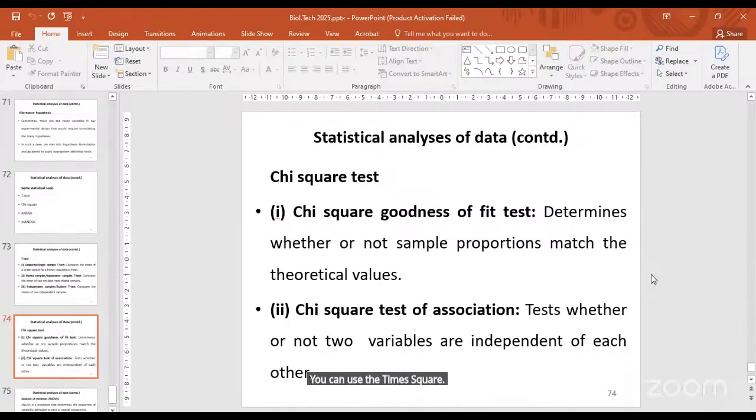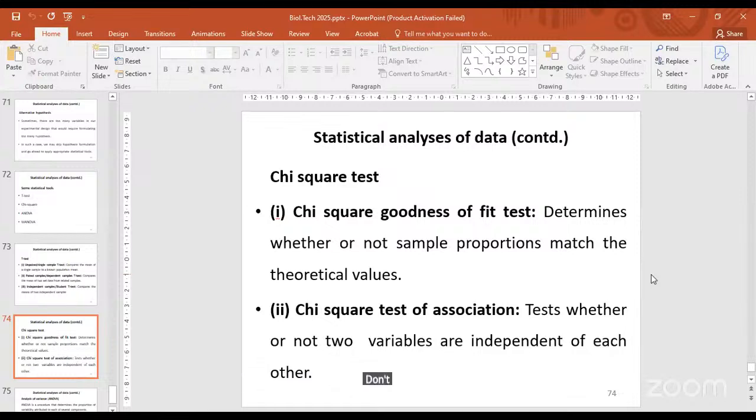The chi-square determines whether a proportion is in line with theoretical values. For instance, like in a monohybrid cross, a dihybrid cross.